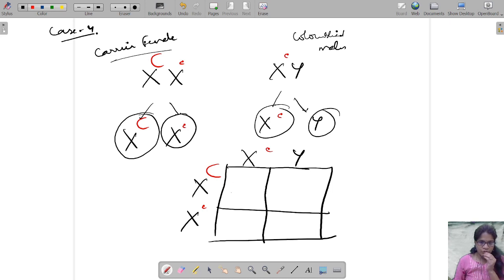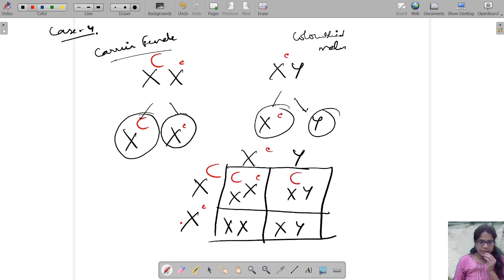So upon crossing these two, you will get a hemizygous. I will represent it, don't worry. For your clear understanding, I am doing it in red. See, upon crossing these two gametes, you will get this. Upon crossing this and this, you will get this.